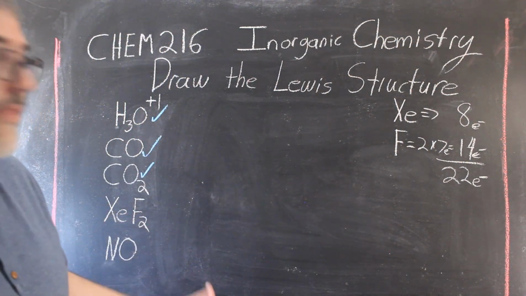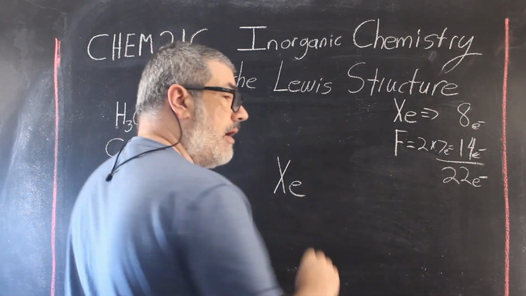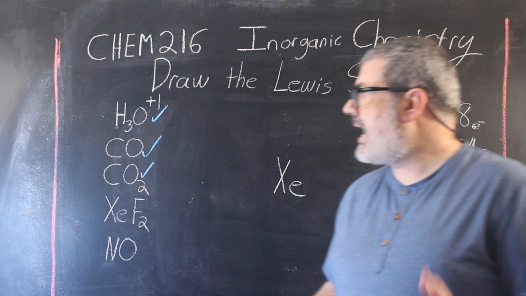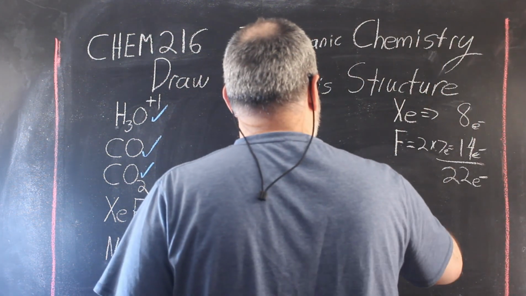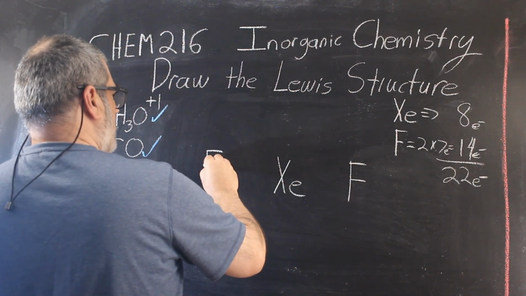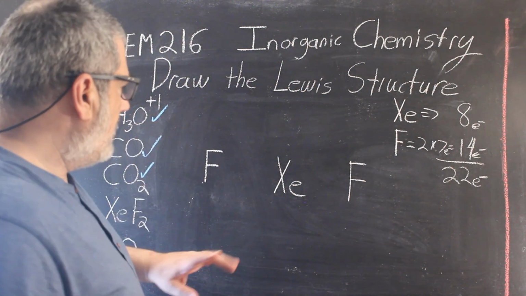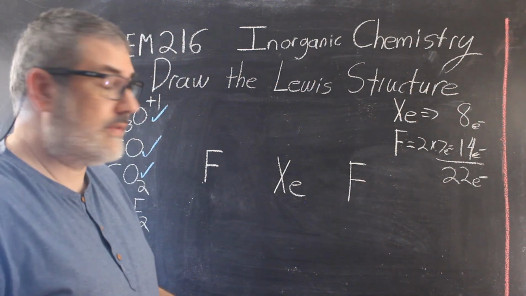Now, in this case, we've got 3 atoms. The xenon is going to be our central atom. Again, by convention, the first atom listed is the central atom, unless it's otherwise noted. So it has xenon with 2 fluorines. Well, 22 electrons, it's a lot of electrons.